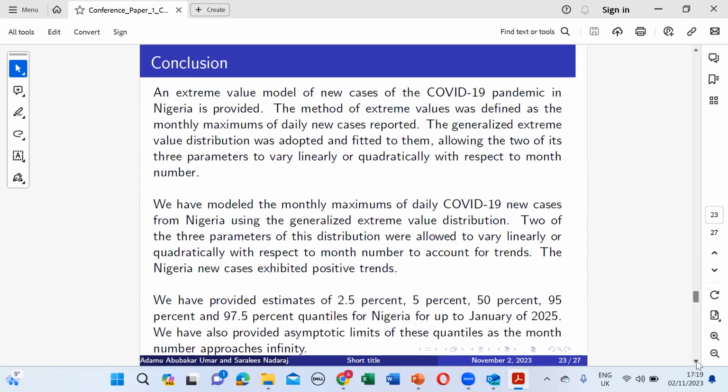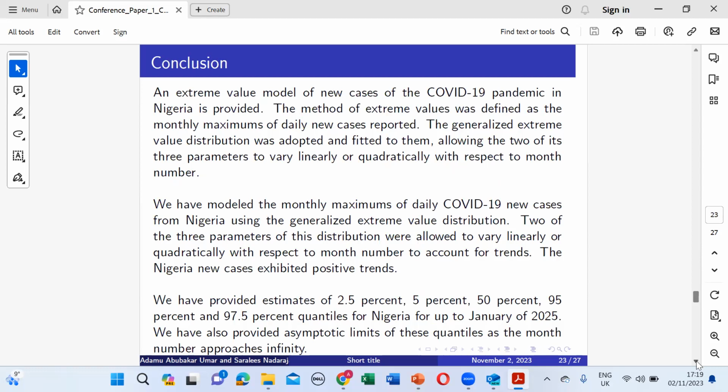To round it up, we said that an extreme value model of the new cases of the COVID-19 pandemic in Nigeria is provided. The extreme value method was defined as the monthly maximum of daily new cases reported. The generalized extreme value distribution was adopted and fitted to them, allowing 2 of its 3 parameters to vary linearly and quadratically with respect to the month number.